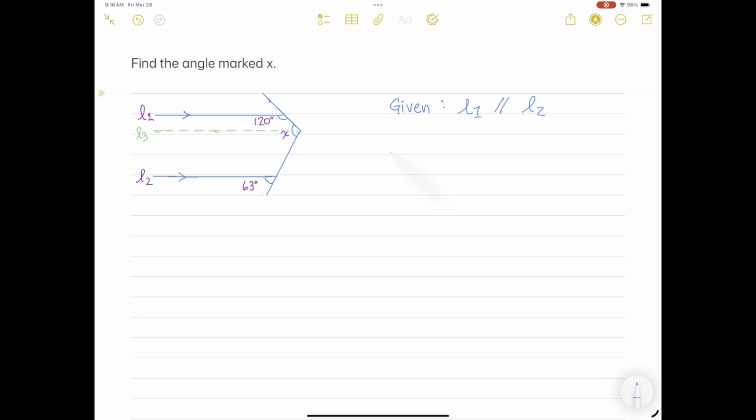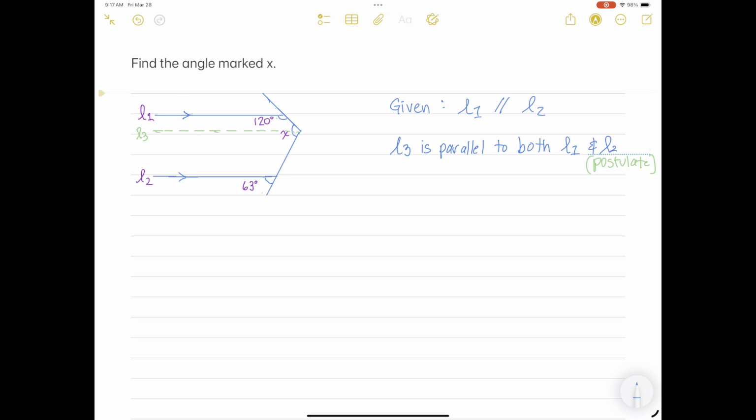is the axiom or postulate that a line that is parallel to one of two parallel lines is also parallel to the other. So line 3 is parallel to both line 1 and line 2. And I justify this statement with its postulate.